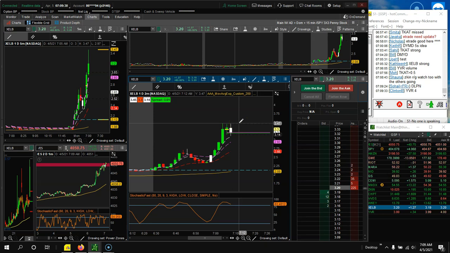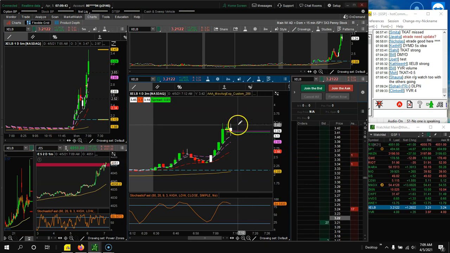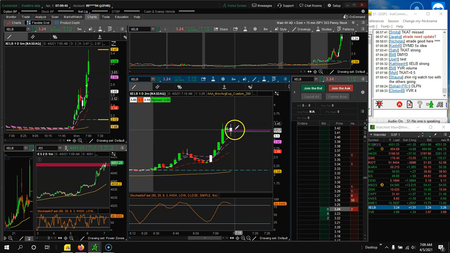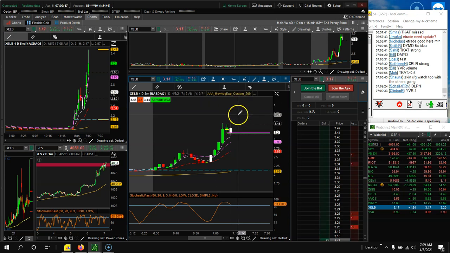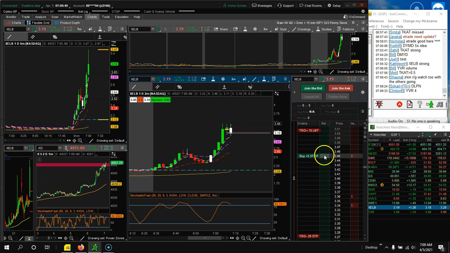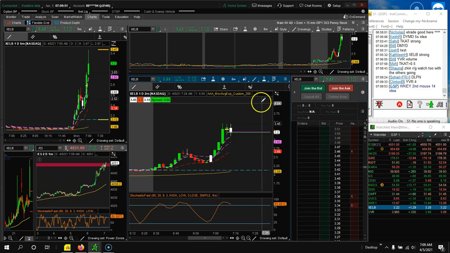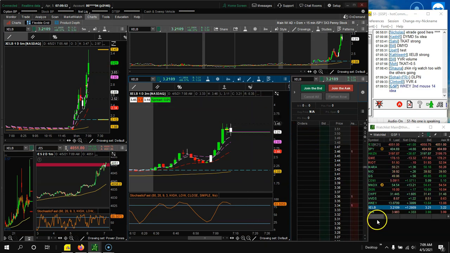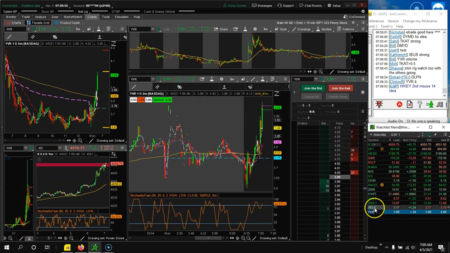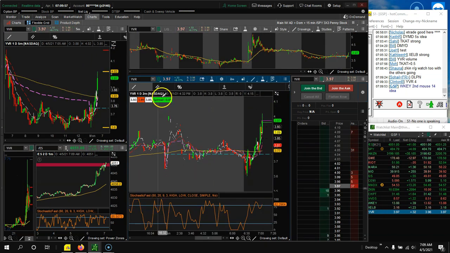So I might take it, I might not, we'll see what happens, right? Because again, if the next candle breaks out and we make that new high, I want to see that power move, right? I want to see it just blow right through. So there's really nothing going on here.